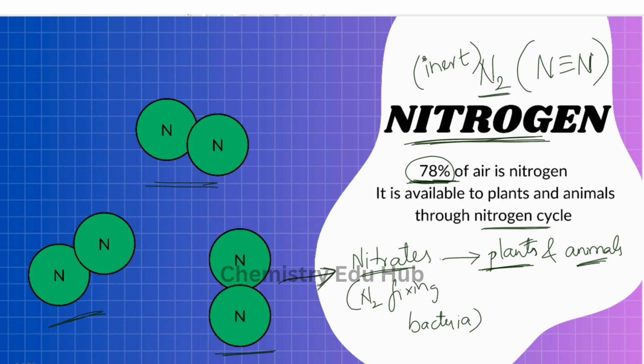This is the most important component as it makes up the maximum percentage of air. As we all know, protein is very important to our bodies. So nitrogen is the most important component of air.